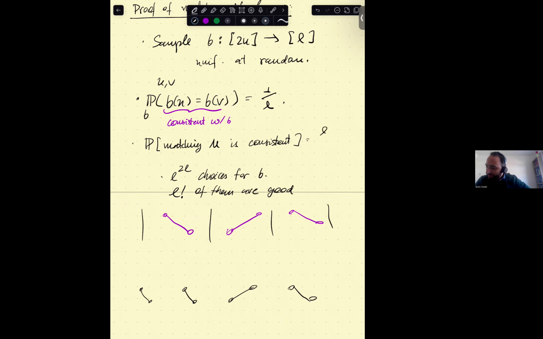And this is L factorial choices, so you get this much. And this is going to be basically some constant.